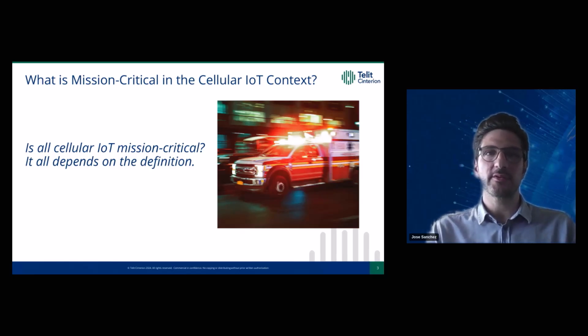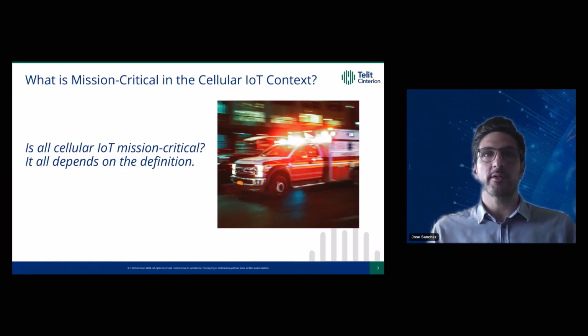Some applications cannot really afford any kind of service interruptions, and that's the critical point. You need to look at what level of service interruption your application can afford. Are there any severe safety, security, or financial impact when the application is down?